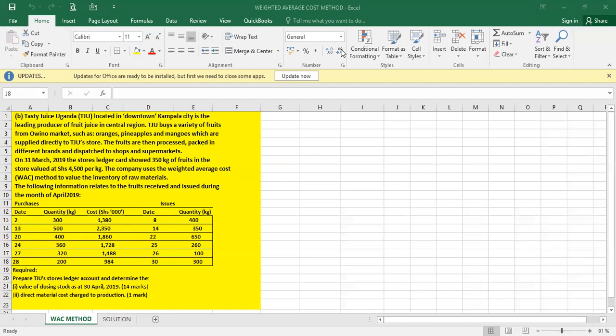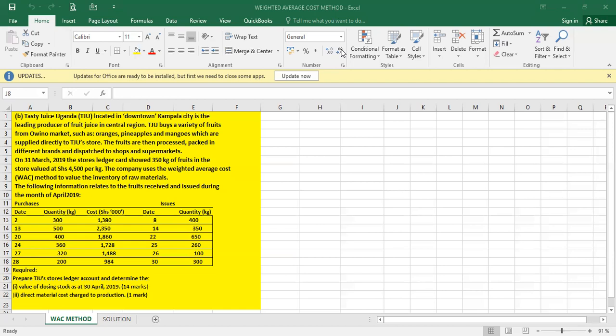So we are using the same question, and that question was about Tassejuice Uganda Limited, which is located in the downtown of Kampala city. They said it is the leading producer of fruit juice in Central Region.